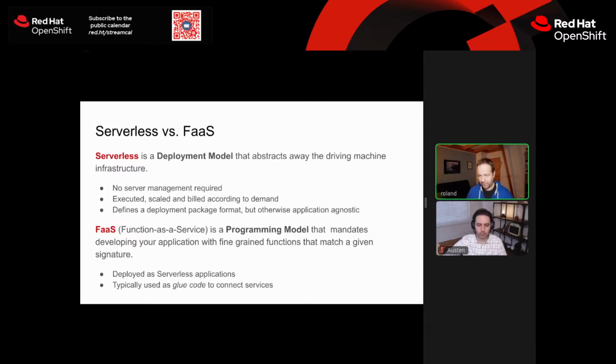A typical example, or probably the most prominent example, is Amazon Lambda, which allows you to easily deploy very fine-grained functions to the platform. But this is not so well suited for other architectural models like microservices. Even if you want to run a monolith in a serverless way, function as a service is probably not the way to go.